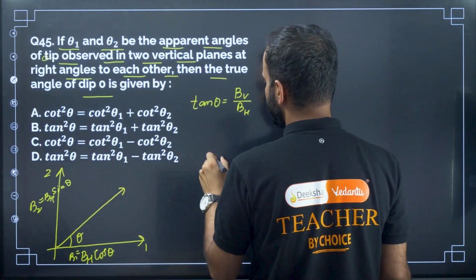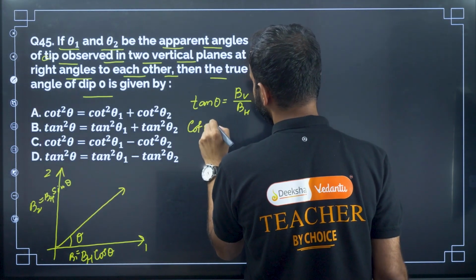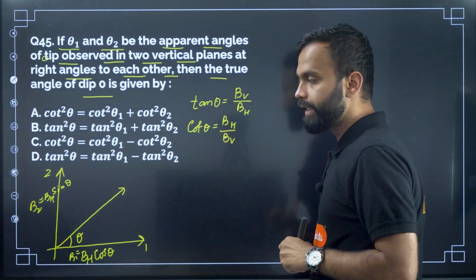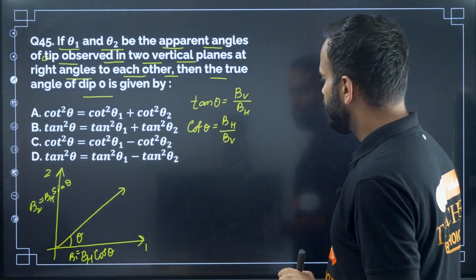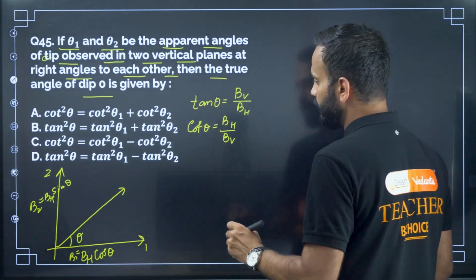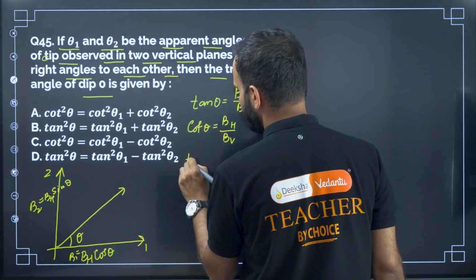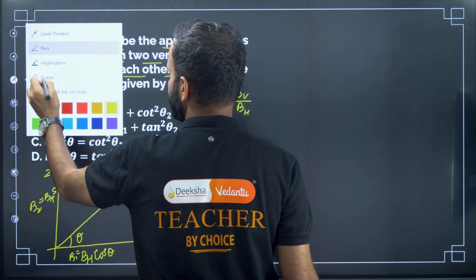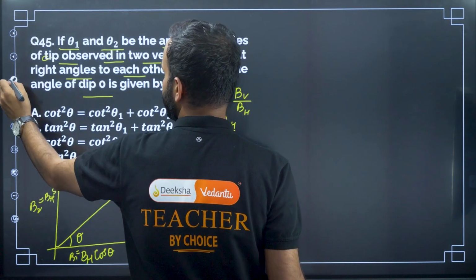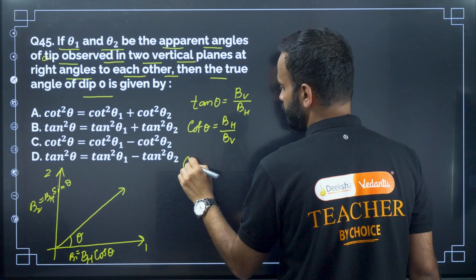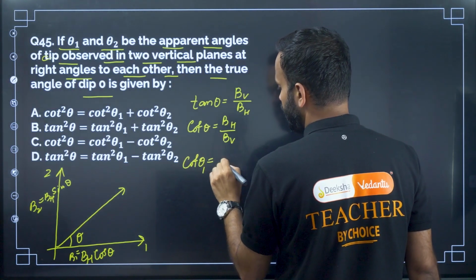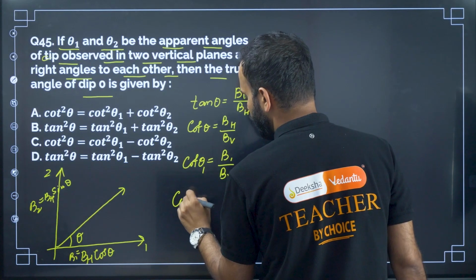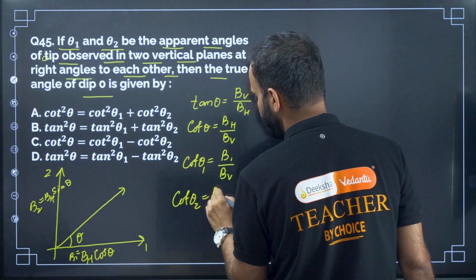So cot theta is equal to BH divided by BV, right? So now I can write cot theta 1 as B1 divided by BV and cot theta 2 as B2 divided by BV.